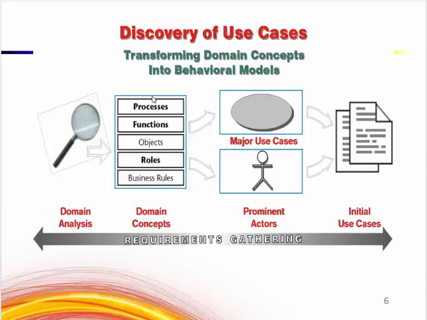We have identified 5 types of concepts: processes, functions, objects, roles, and business rules. In this lecture, we will transfer those concepts into use cases. The types of processes and functions will be the candidates of use cases. The role type of concepts will be the possible actors.